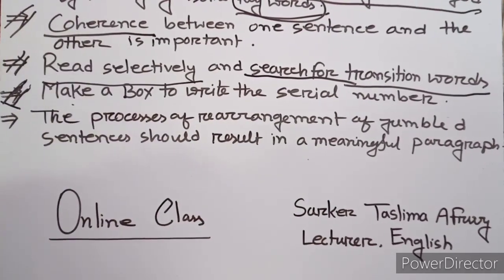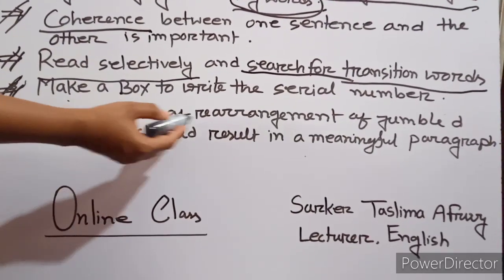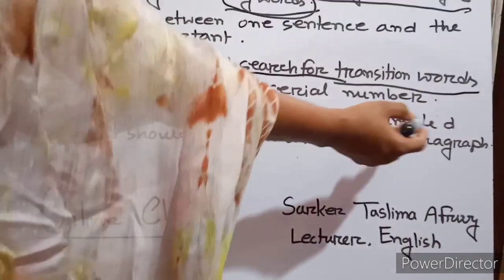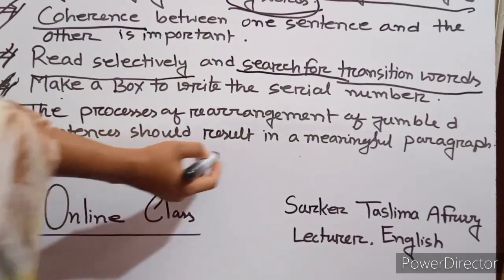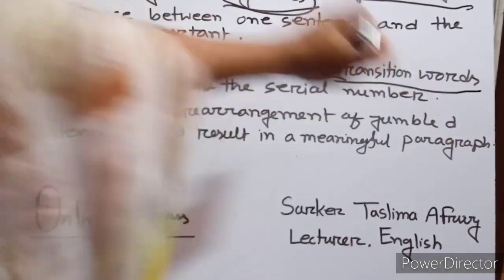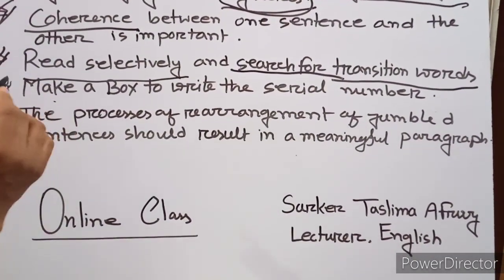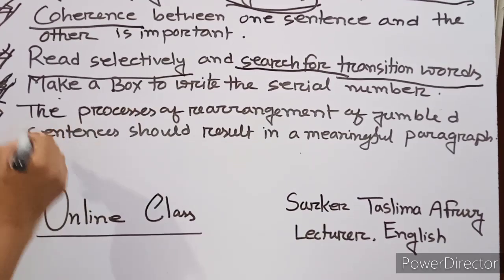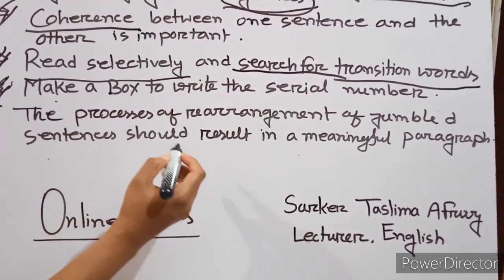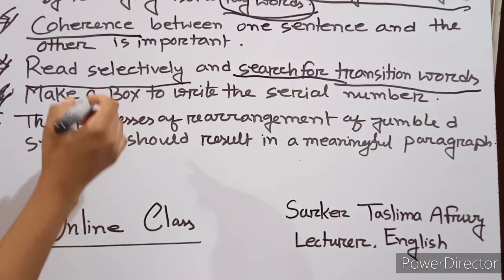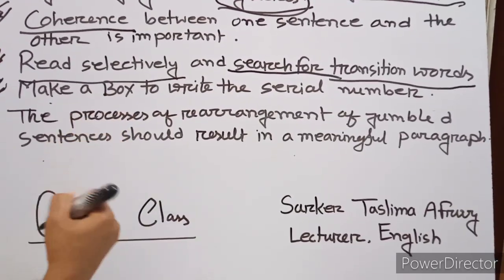Last one, the process of rearrangement of jumbled sentences should result in a meaningful paragraph. That means after making this box, you have to write the paragraph, that means the whole story, below the box.